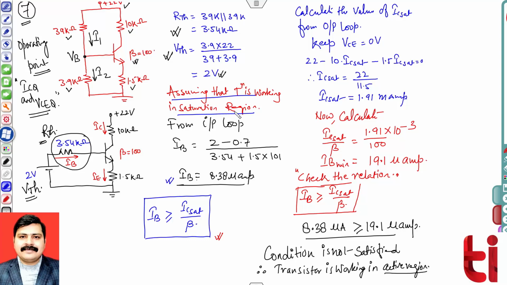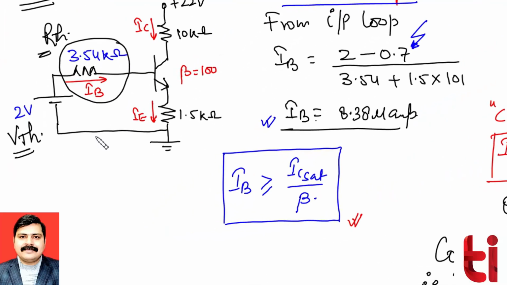And as no separate value of VBE saturation is given, I have taken this value as 0.7, because it hardly matters between 0.7 and 0.8. So from the input loop we can check the value of base current is 2 minus VBE divided by this resistance plus 1 plus beta times the emitter resistance.